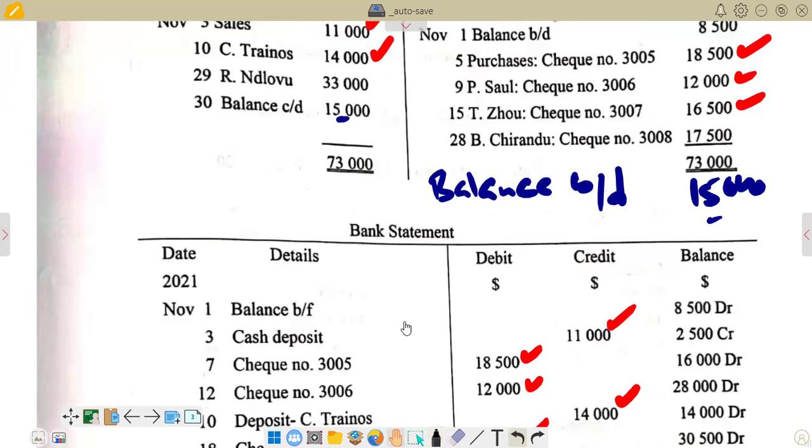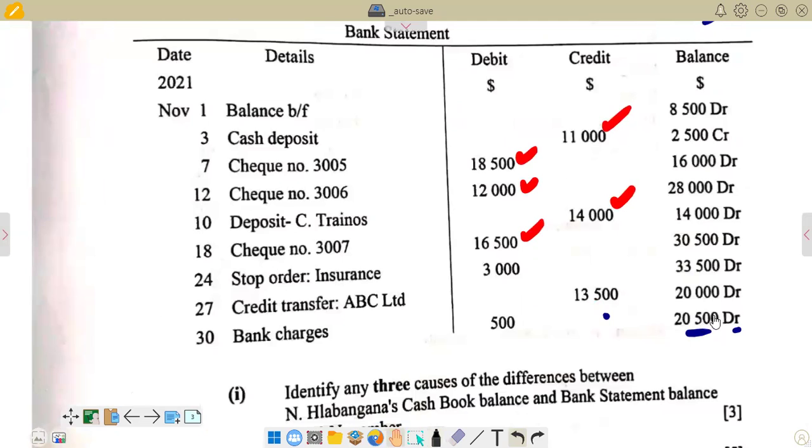So if you come here, you'd see that we've got 20,500 as a debit, which represents that it's a negative figure. This is a bank overdraft. If it's a positive, it should appear as a credit balance. So debit in a bank statement means negative, and credit means positive.